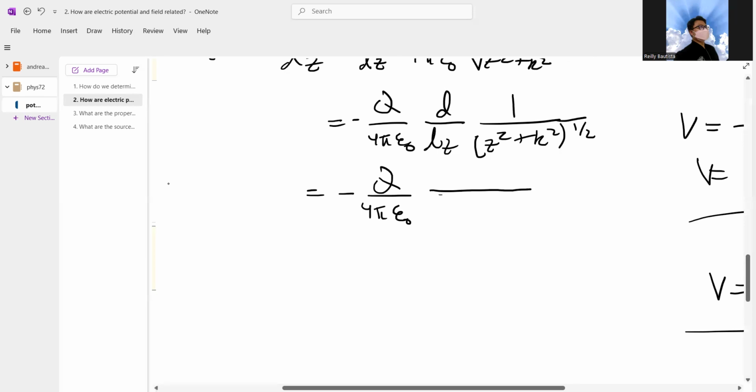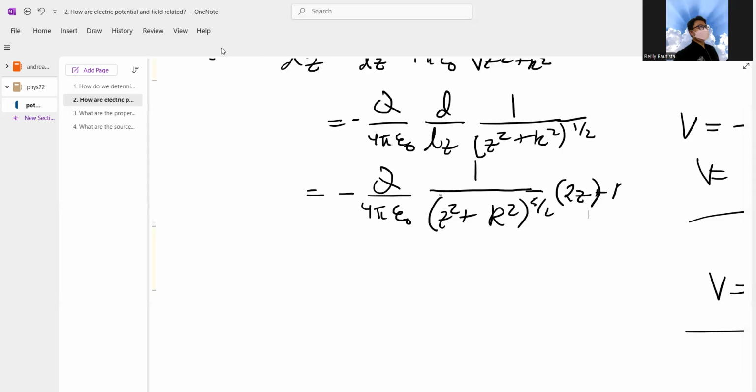It's equal to 1 over z squared plus r squared to the 3/2, times 2z, since r squared is a constant.